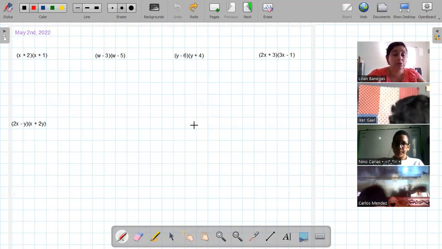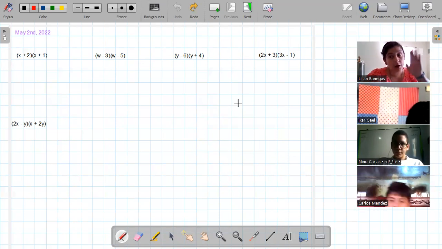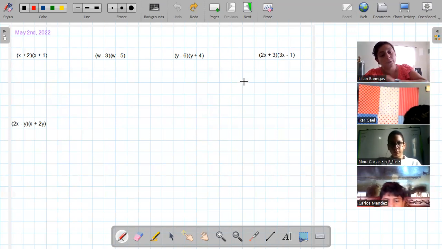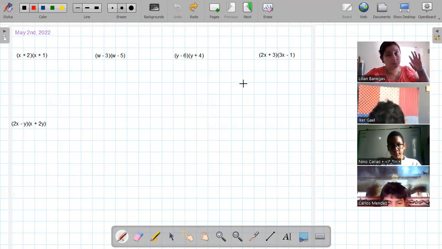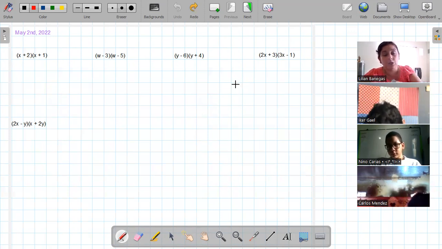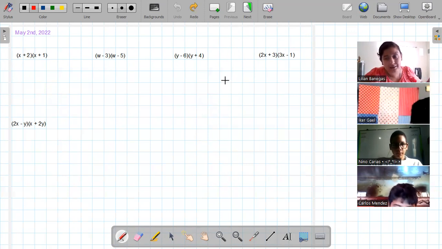And how are we going to multiply binomials? We were working before with a monomial multiplying a polynomial. Now we're going to multiply a binomial times another binomial. So how are we going to do it? Exactly the same way. We're still going to work with rules of exponents, laws of signs, and distributive property.